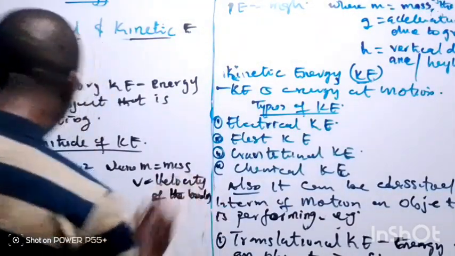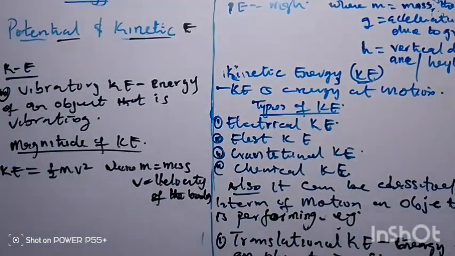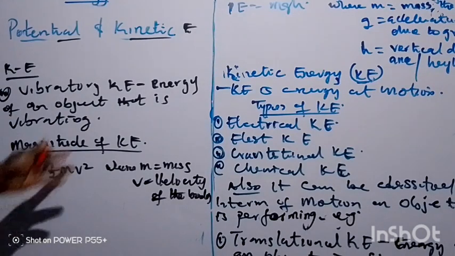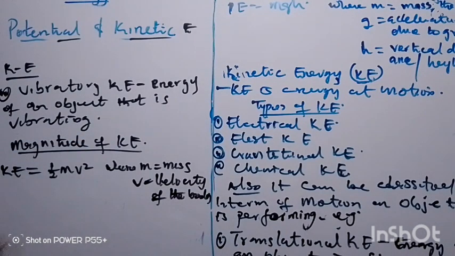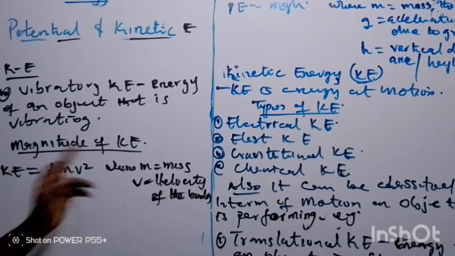That is, the magnitude of kinetic energy depends on two quantities, the mass and the velocity of the body.